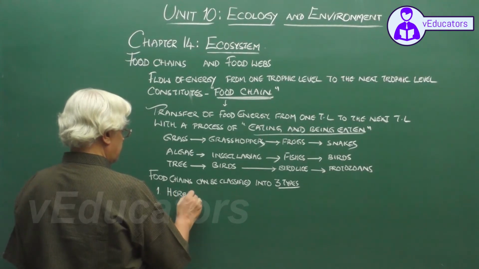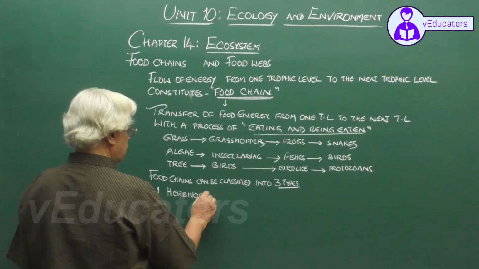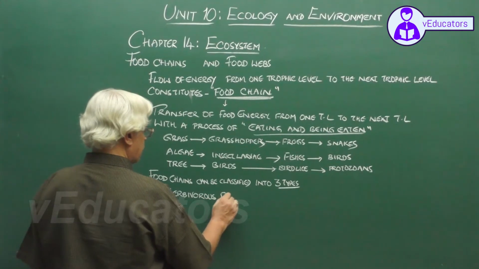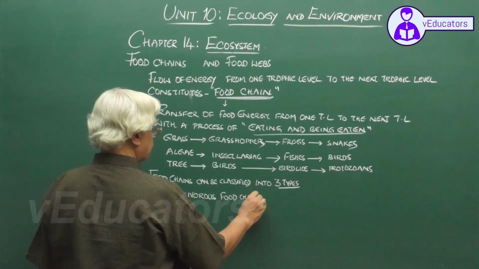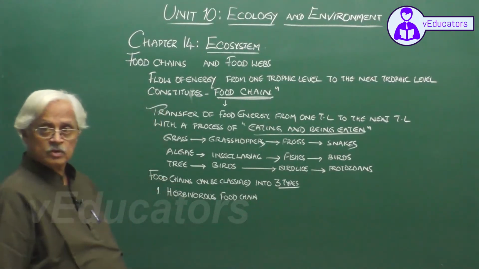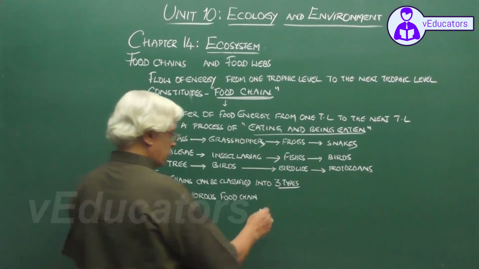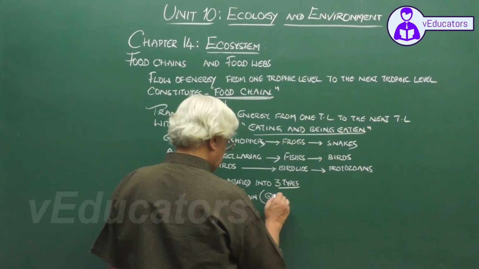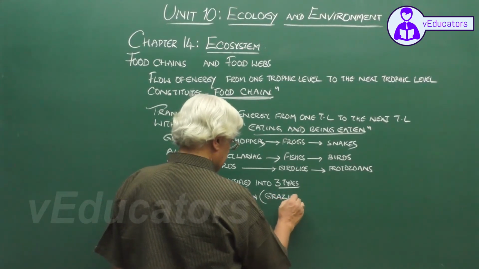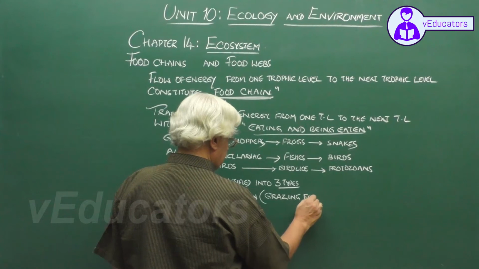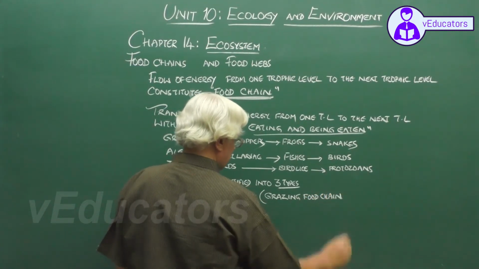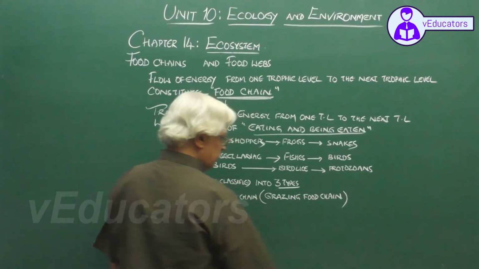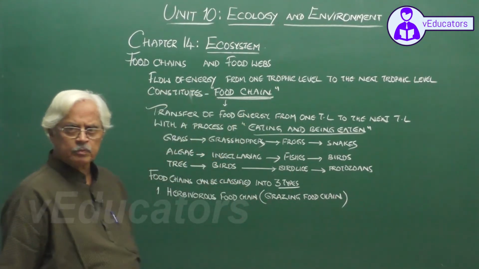One type of food chain is called herbivorous food chain, also called grazing food chain. Herbivorous food chain or grazing food chain.